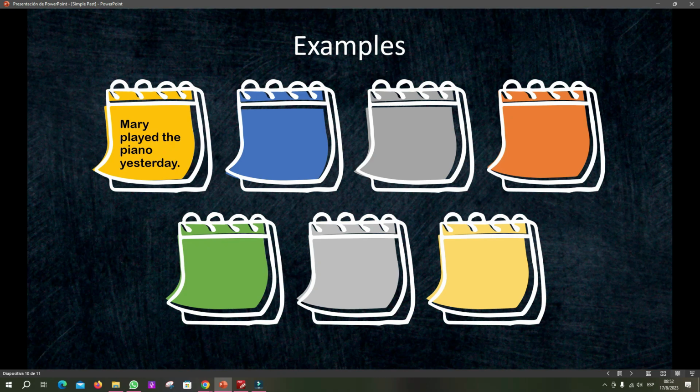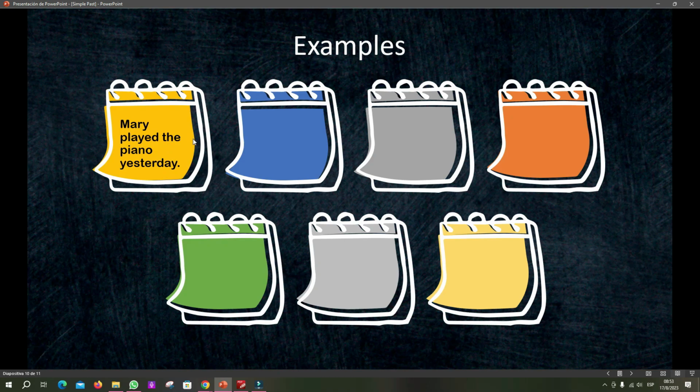Here you have an affirmative sentence. Mary played the piano yesterday. If you notice here, you have subject, verb with ed because that is a regular one. The piano yesterday, that will be the complement, right? So Mary played the piano yesterday.